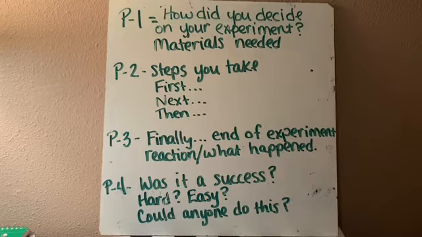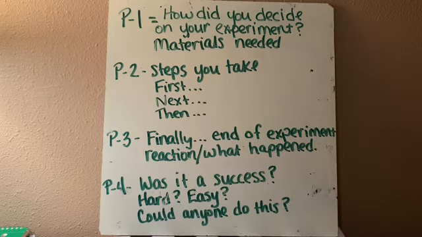Paragraph 2 is going to be the steps that you take to complete your experiment. So first, I did this. Next, this happened. Then I did this. Then paragraph 3 is going to be your finally, the end of your experiment. What happened? What was the reaction?